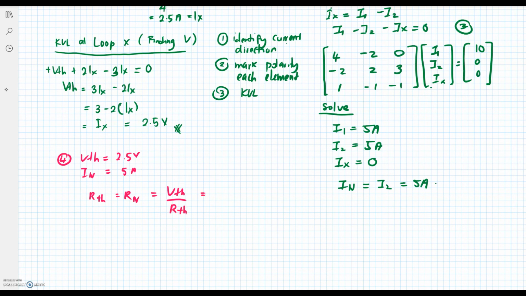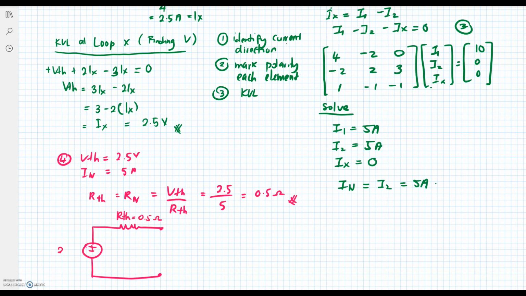So it means that 2.5 over 5 equal to 0.5 ohm. Then you need to draw the Thevenin equivalent circuit. R Thevenin is equal to 0.5 ohm.